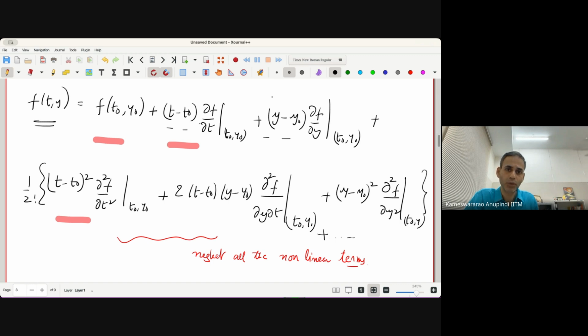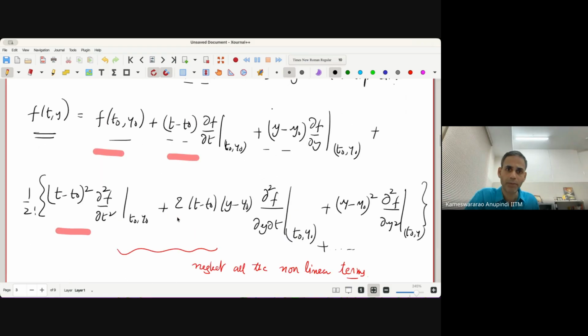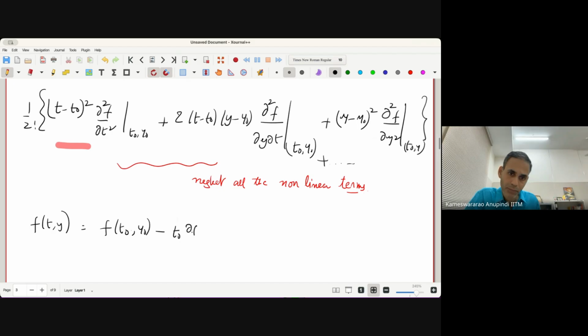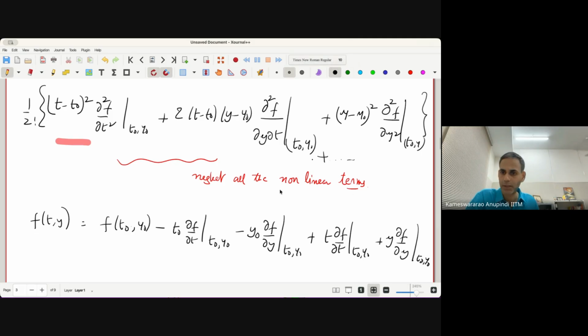Because I get 2 terms from here, 2 terms from here, and then this is 1 term, which I'm going to write here again. f of t comma y equals f of t naught comma y naught, minus t naught del f by del t at t naught comma y naught, and then minus y naught del f by del y at t naught comma y naught, and then plus t times partial f by partial t at t naught comma y naught, plus y times partial f by partial y at t naught comma y naught, right? That's what we have.